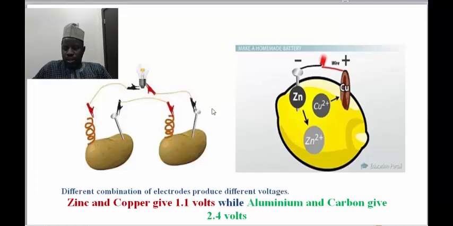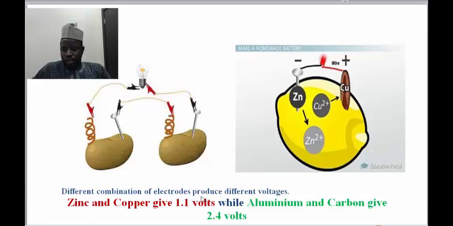We have seen that we can develop an electric cell from a lemon, and in class we have demonstrated that the potato also produces such electric cells. So zinc and copper are not the only materials that can give us electricity. The rule is that if you have different combinations of electrodes, different materials from zinc and copper, you can have different potentials.